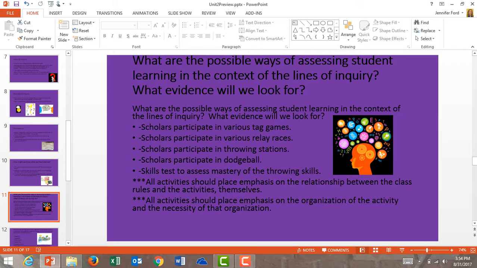And even if you have to bring it back a couple times in one class period, do it. So they have that understanding. That will help, one, drive the inquiry, two, get that understanding that these rules are important. We're not just talking about this for fun. We can't have the games, the fun, the activities, and we can't get those skills down to mastery if we're not following those rules.